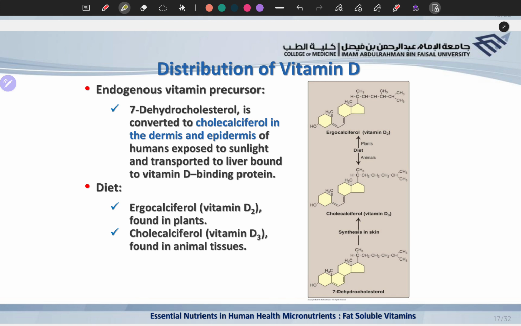The dietary sources can be from plant as well as from animal. From animal it is directly cholecalciferol, that is vitamin D3, but in plant it is ergocalciferol, that is vitamin D2. Now this is not the active form. Cholecalciferol is not the active form. What is the active form?